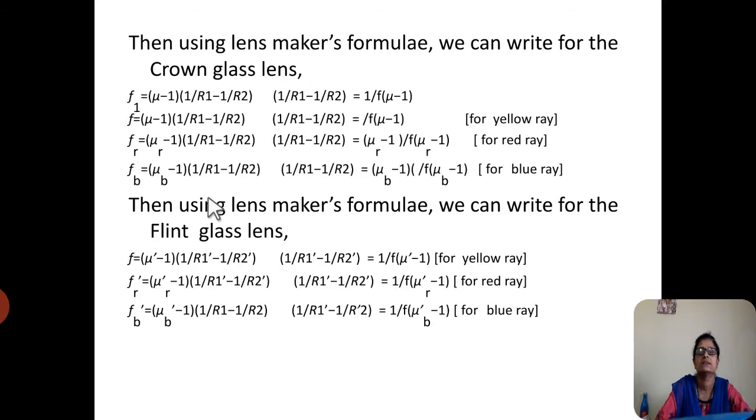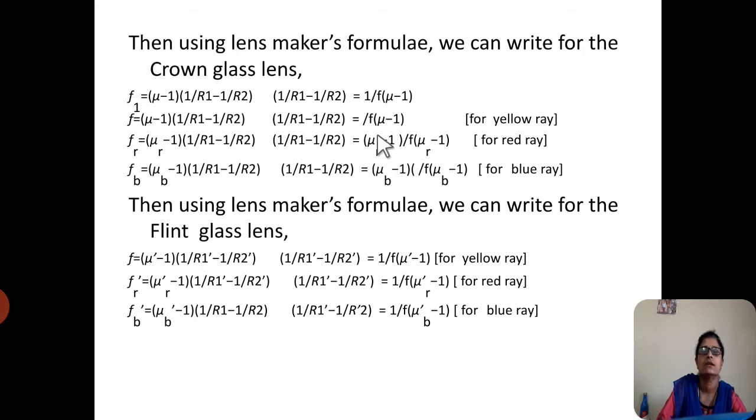Using the lens maker formula we can write for the crown glass lens 1 by f equals mu minus 1 into 1 by r1 minus 1 by r2, that is, 1 by r1 minus 1 by r2 equals 1 by f into mu minus 1. So this is the general equation. Now we apply this equation for red, yellow and blue rays.